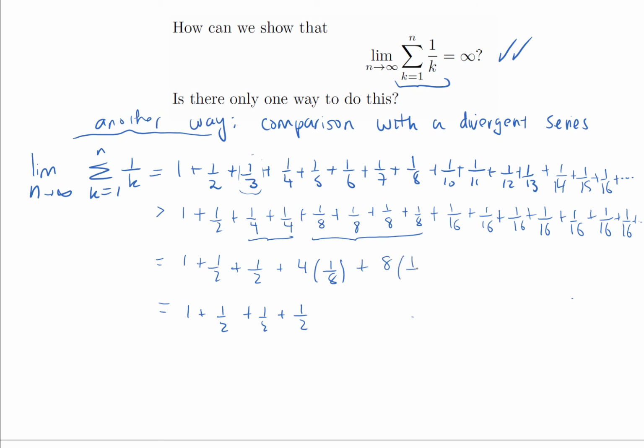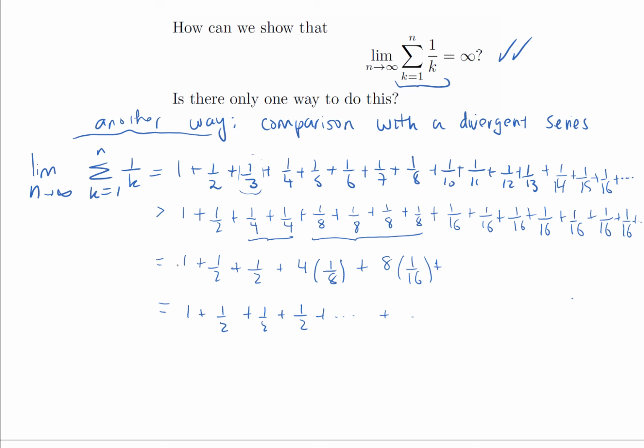And if we continue like this, we will find that every time we replace a number 1 over k by 1 over 2 to some power, the smallest power of 2 that is greater than k, then we will get a number of addends that is a power of 2.